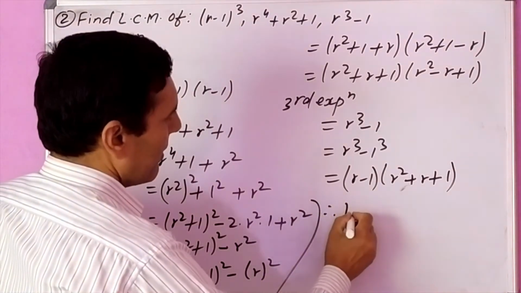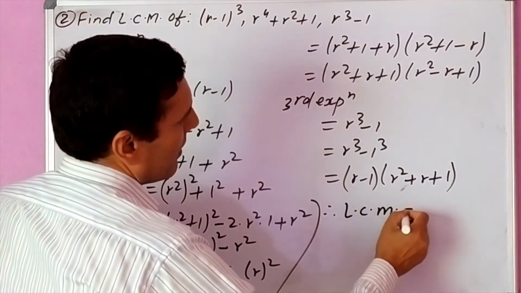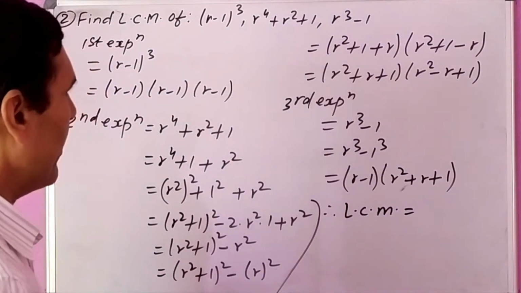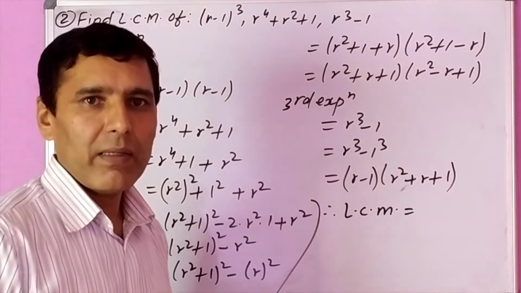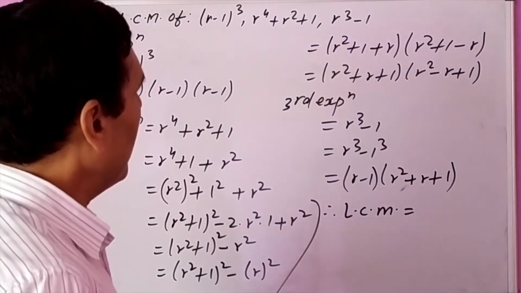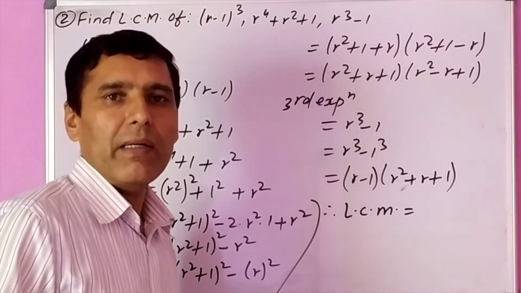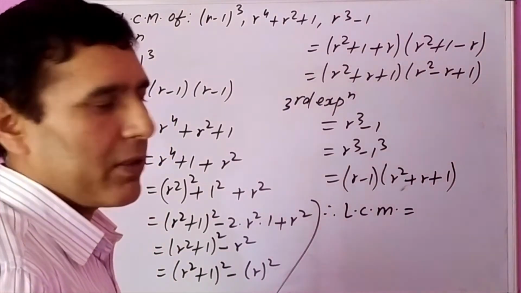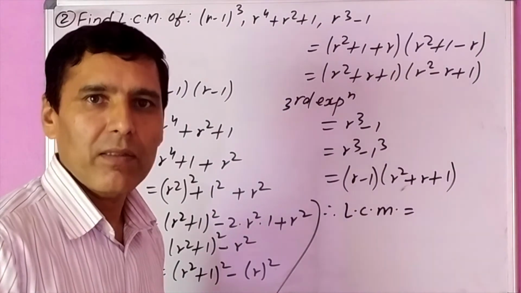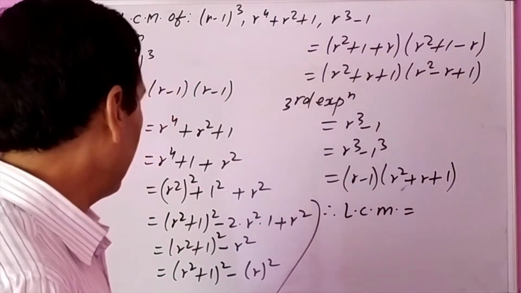Now we are finding the LCM. To find LCM, first we find the common factors. If there is any factor common in all the three expressions, then we can take the factors common from two expressions also, and the remaining factors also we have to write.